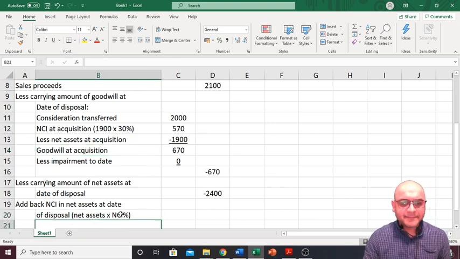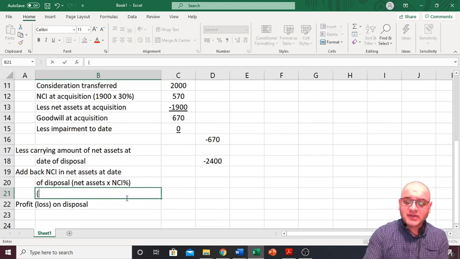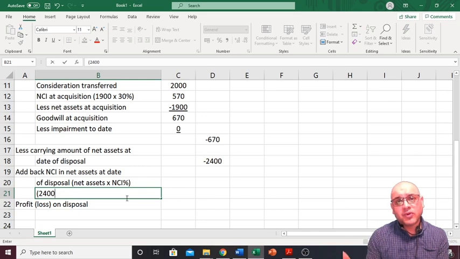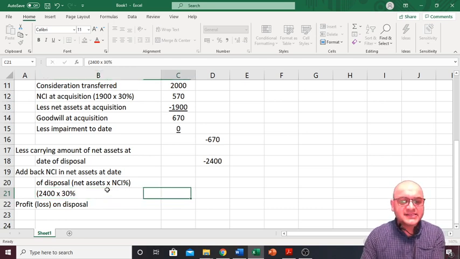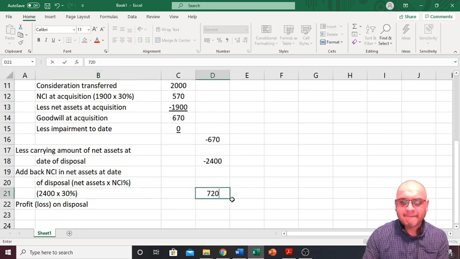So what would be the value of NCIs at the reporting date? Remember, it's not a fair value method, it is a proportion of net assets method. So whatever the net assets of the subsidiary were on the disposal date, we will give 30% of that to our beloved NCIs. Okay, and add that back.